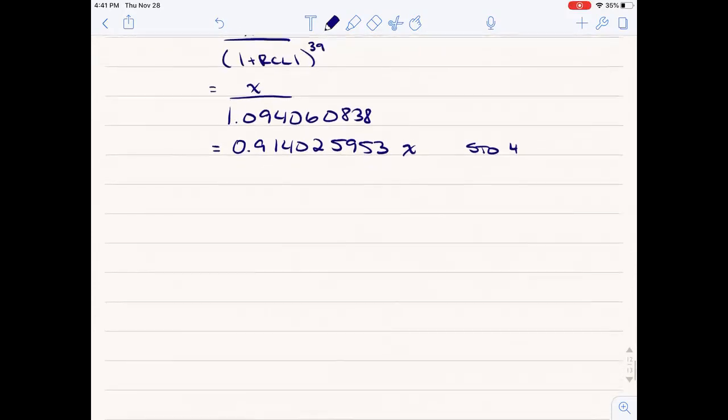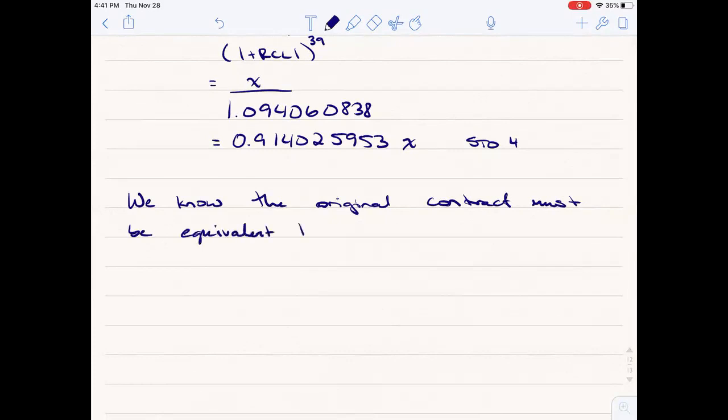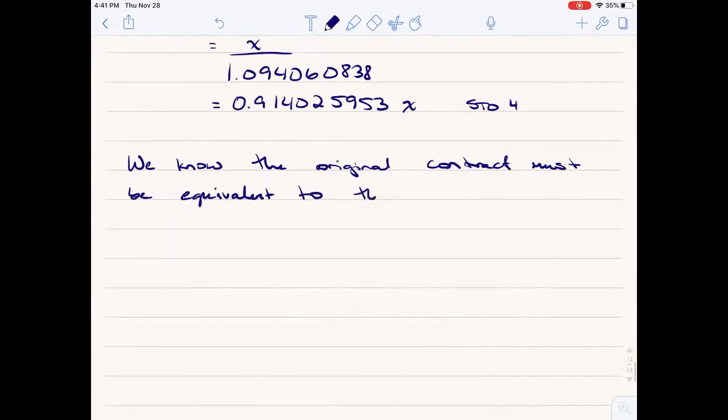So now we know the original contract must be equivalent to the new contract.